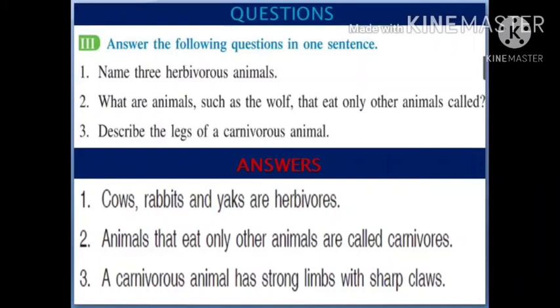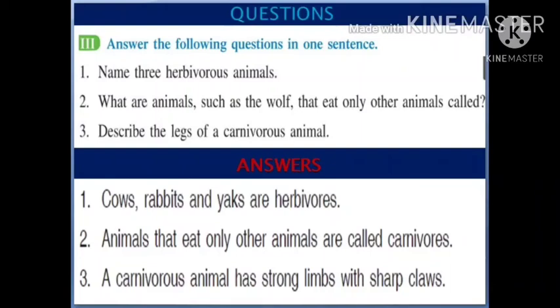Third, describe the legs of a carnivorous animal. Means, which kind of legs does a carnivorous animal have? Answer: a carnivorous animal has strong limbs with sharp claws. Limbs, we already talked about in the lesson. The front legs and back legs together are called the limbs.